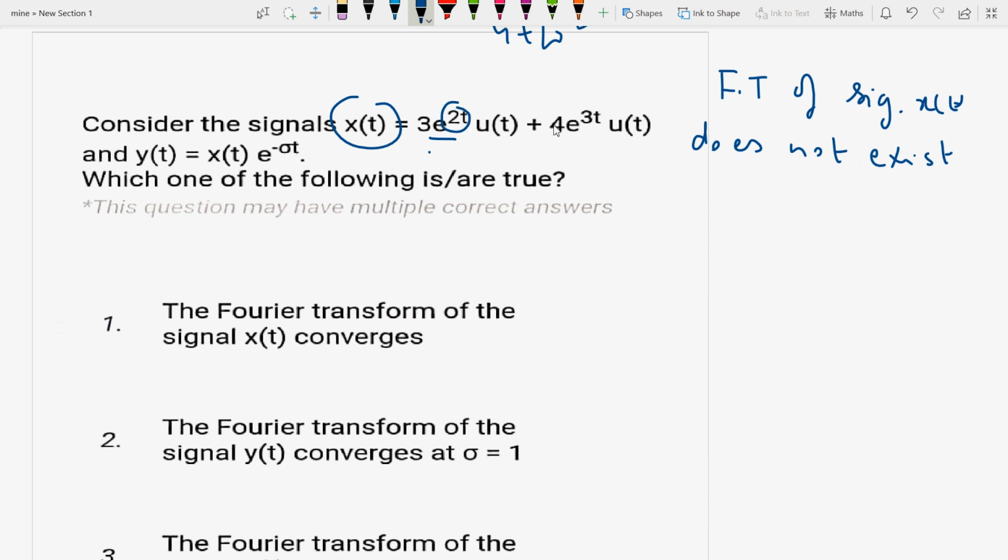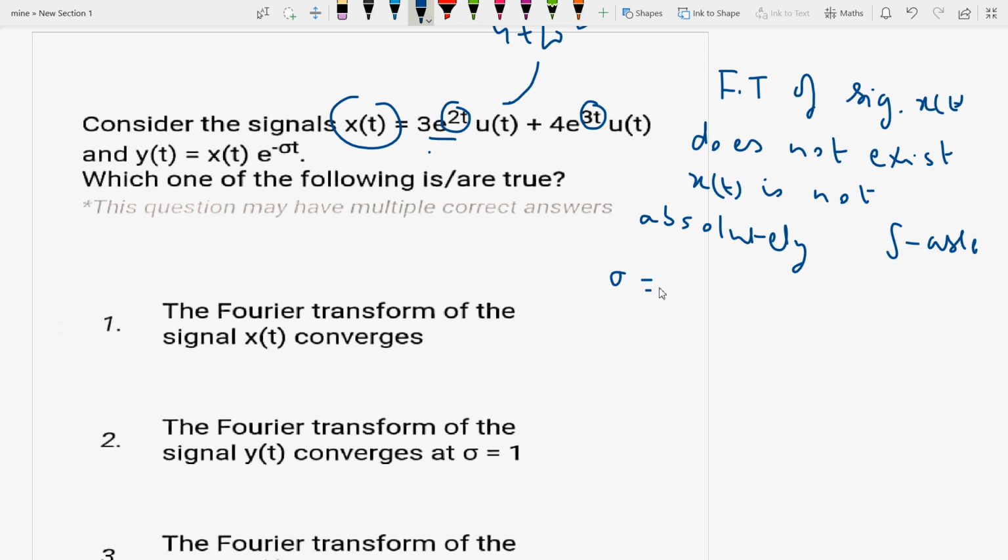As you can see from this equation, it has a growing exponential. It is growing in nature, and as it is growing, x(t) is not absolutely integrable. It cannot be integrated, well defined.